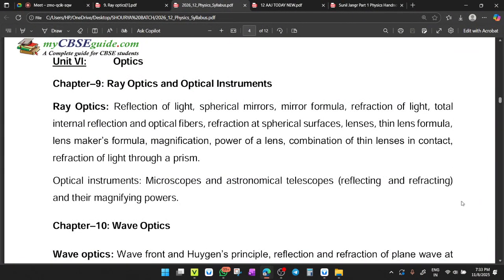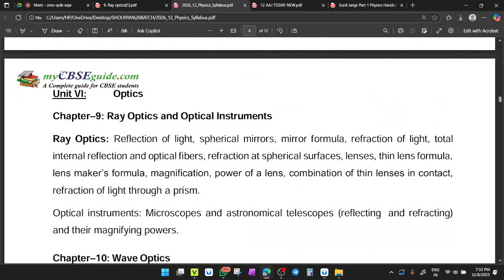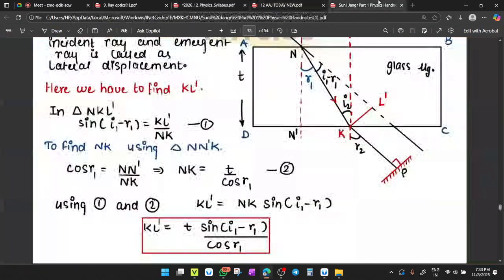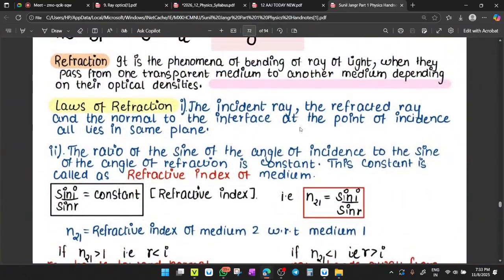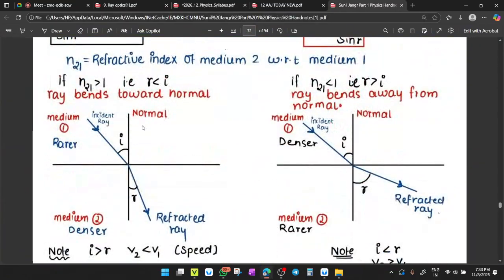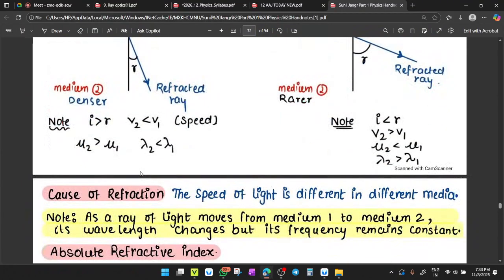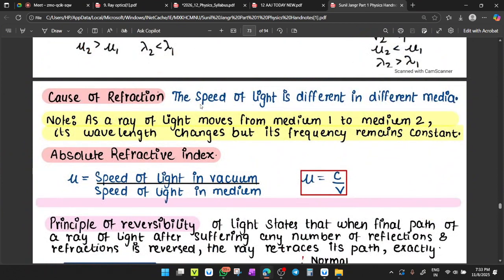So, till now we have completed our ray optics chapter. The topics reflection of light, spherical mirrors, and the mirror formula are completed, and we are moving on with refraction of light. We have covered so many things like refraction, laws of refraction, the refractive index and cause of refraction.